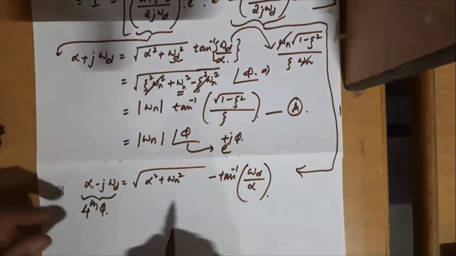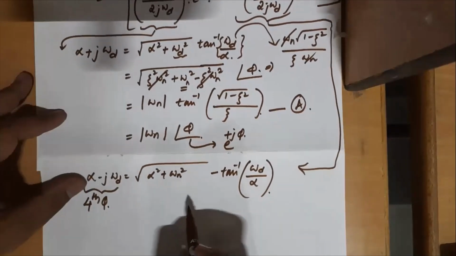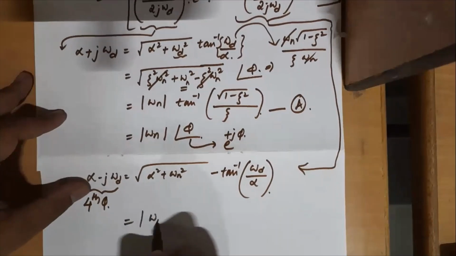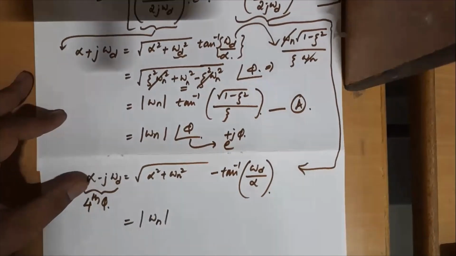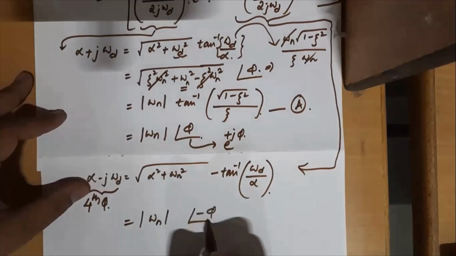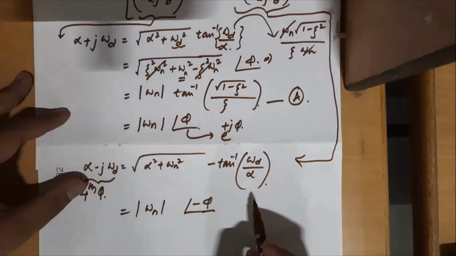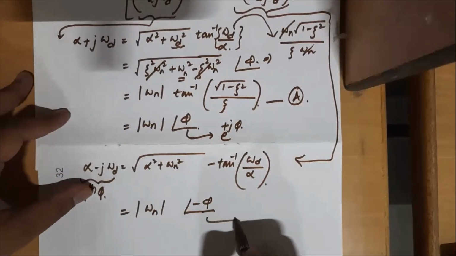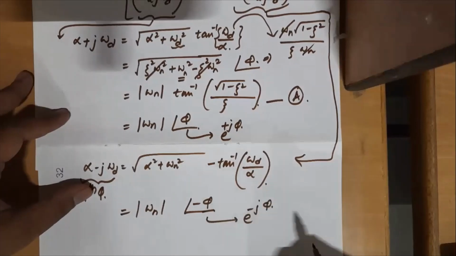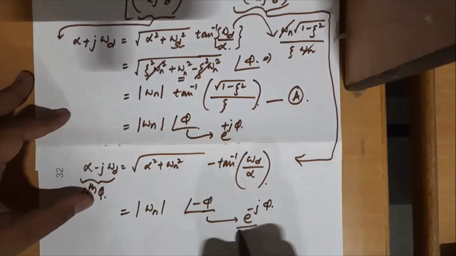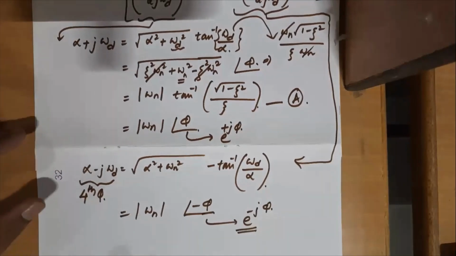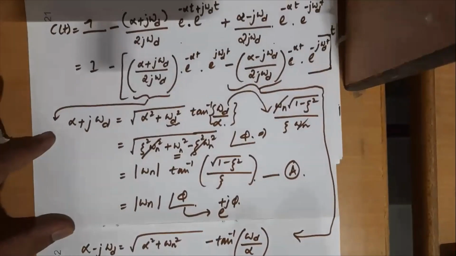It's the fourth quadrant. So the magnitude is the same as the previous one. The phase angle is just minus phi, or it is e raised to minus j phi. So this is the second expression for the second simplified term.